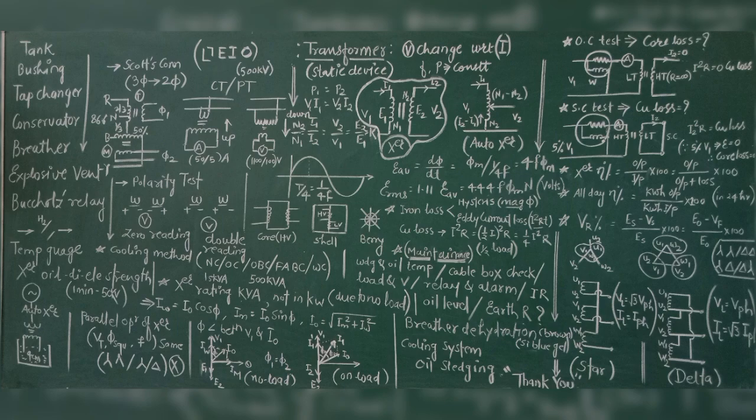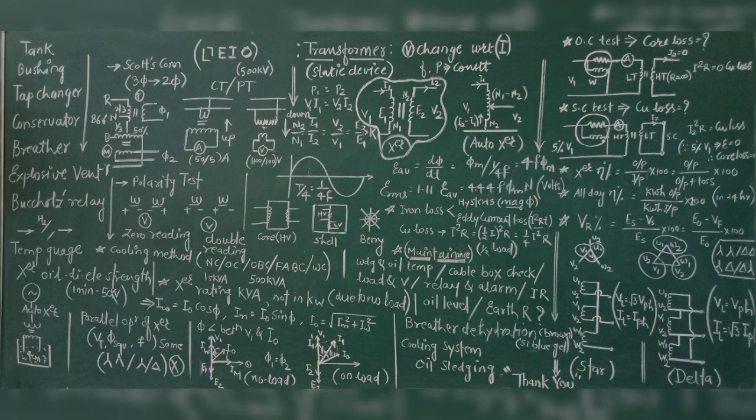In the short circuit test, we find copper loss, applying 5% of V1, the supply voltage, to the primary side. The induced EMF is low due to low voltage, therefore core loss is 0, and I2 square R, the copper loss, is denoted by the wattmeter.